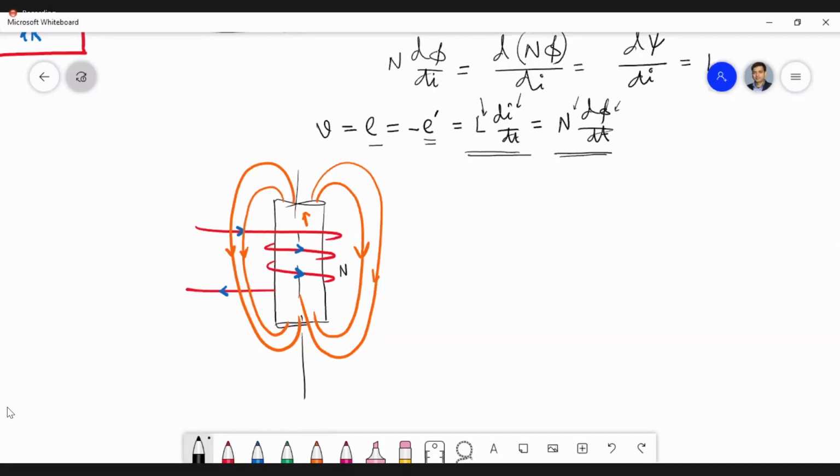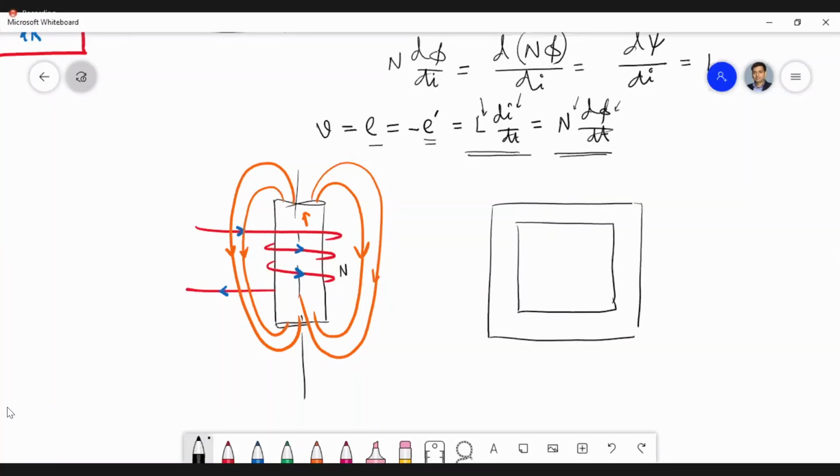Suppose I have n number of turns. This is a piece of iron. Another circuit I am drawing is a similar kind of thing, but here I have a structure like this.